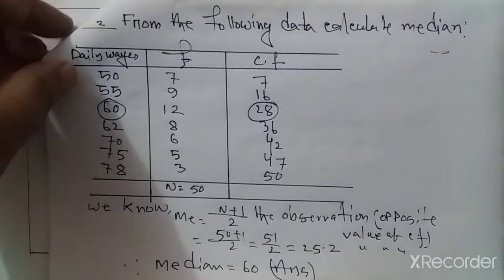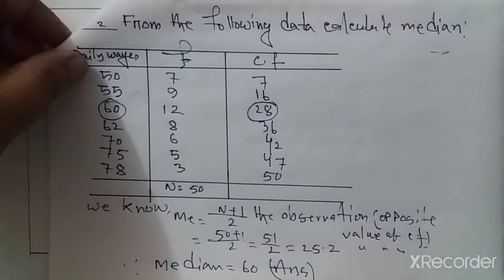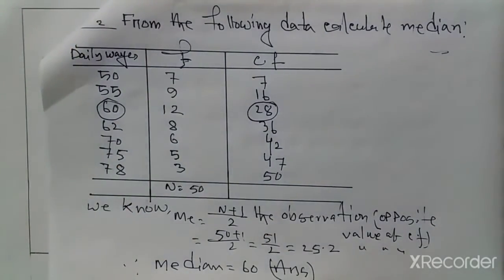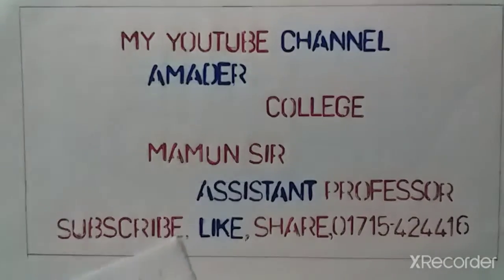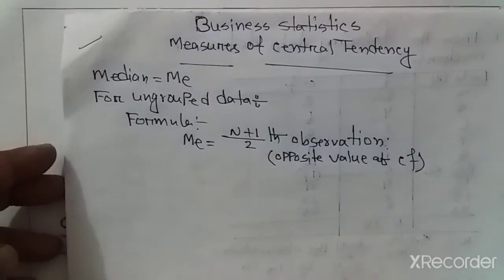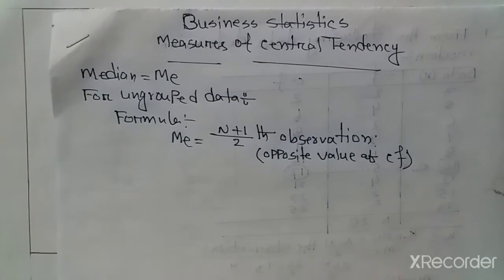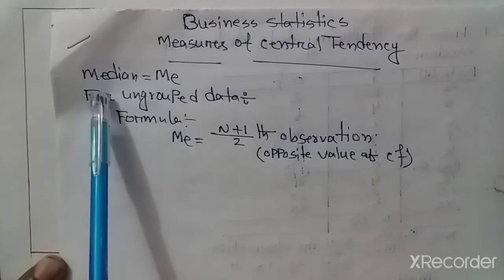So dear students, I think we all understand how to calculate the median of ungrouped data. Now revise the class. Today's class is the measures of central tendency chapter.